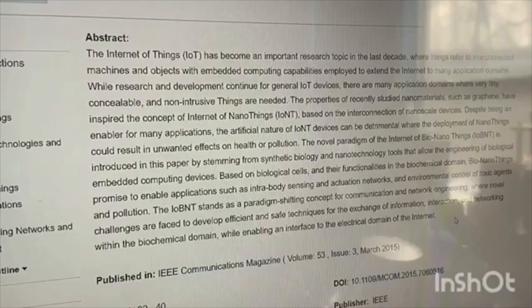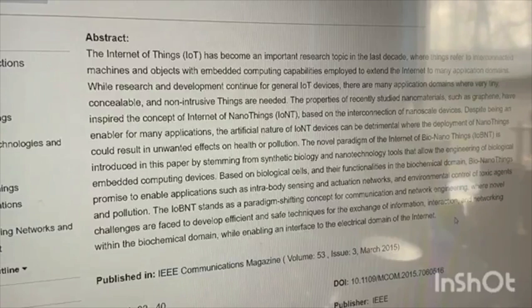The novel paradigm of the Internet of Bio-Nanothings is introduced in this paper by stemming from synthetic biology and nanotechnology tools that allow the engineering of biological embedded computing devices based on biological cells and their functionalities in the biochemical domain. Bio-Nanothings promise to enable applications such as intra-body sensing and actuation networks, and environmental control of toxic agents and pollution.